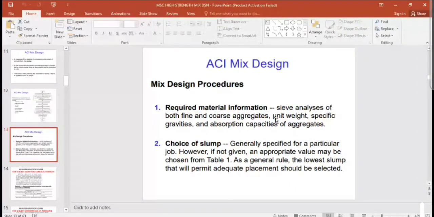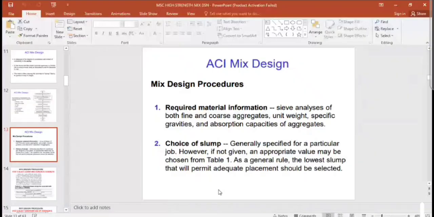Then the choice of slump. We need to decide that for this particular slump, we are going to design the mix. There is a table given to us, where we choose the slump value, either 2-inch, 3-inch, or 4-inch. Just like over here, we select the slump and concrete strength. So this is our step one. In step one, we decide the concrete strength and we decide the slump.